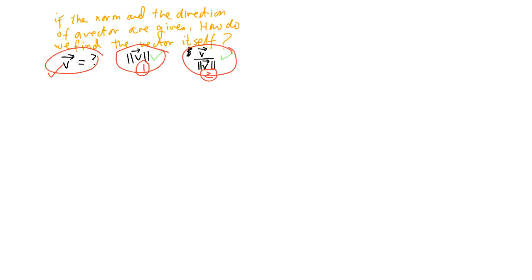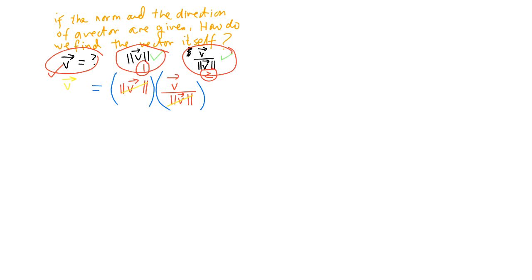If you multiply 1 times 2, if you multiply norm V times V over norm V, what would be the result? The result is clear. This will cancel with this, and the answer is V.